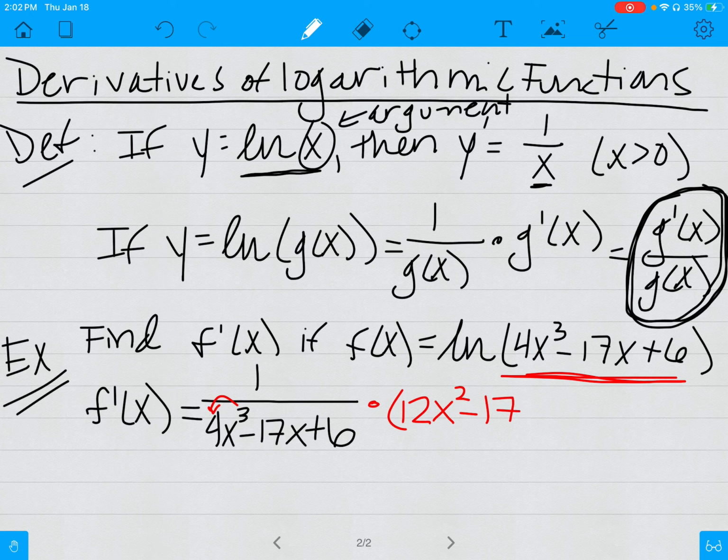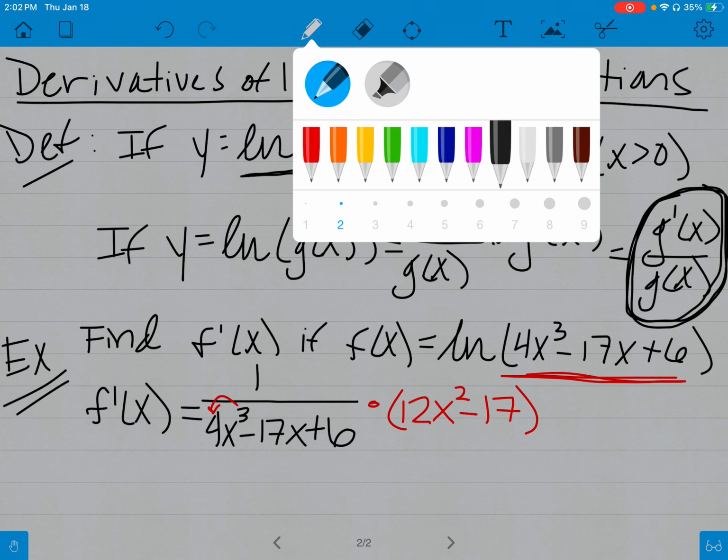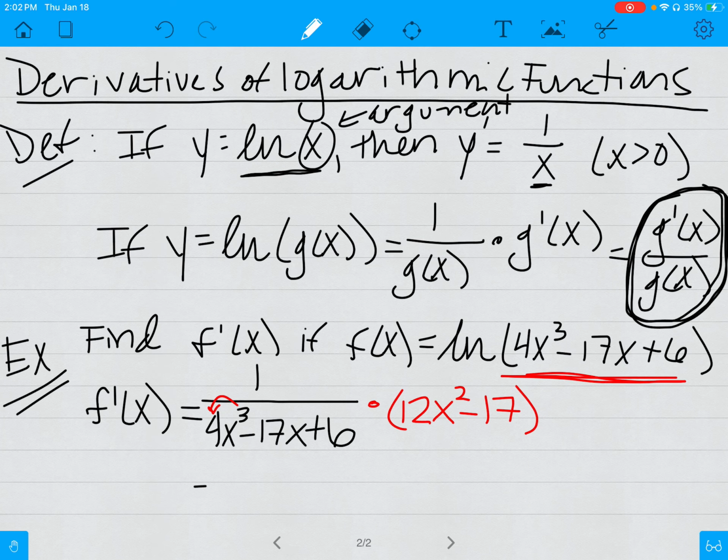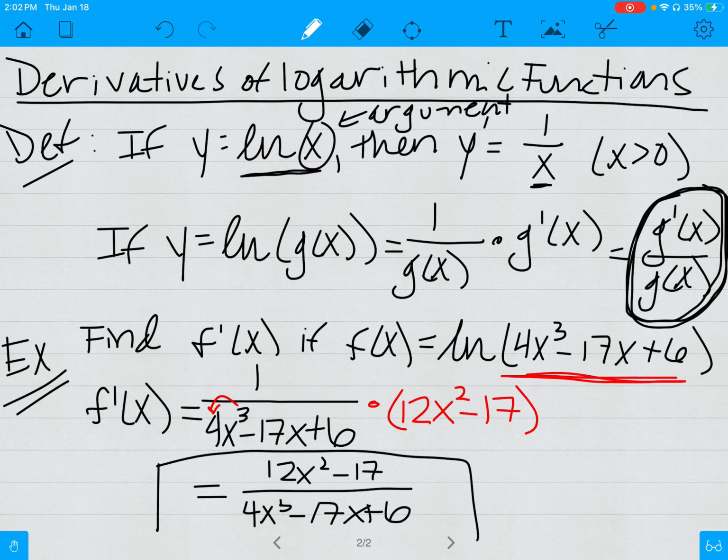Minus 17, because the derivative of negative 17x is negative 17. And then the derivative of positive 6, being a constant, would just be 0. And then tidying this up a little, we could rewrite this as 12x squared minus 17 over 4x cubed minus 17x plus 6. And that would be our derivative.